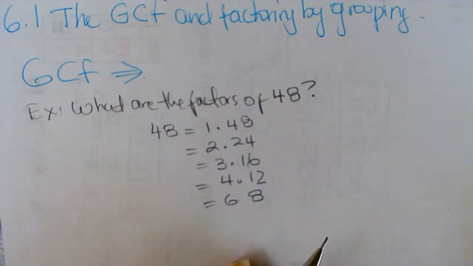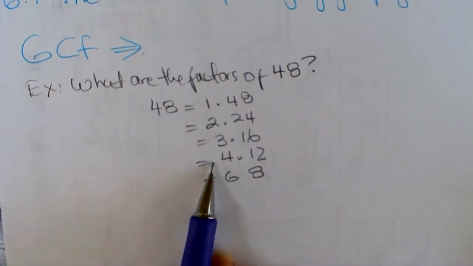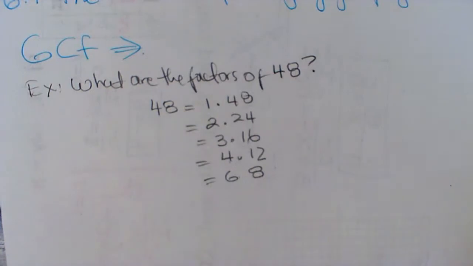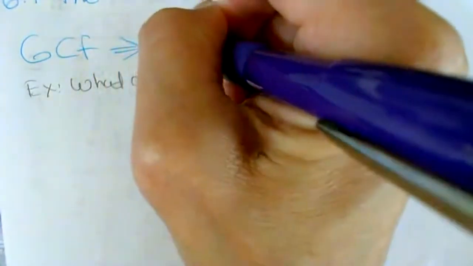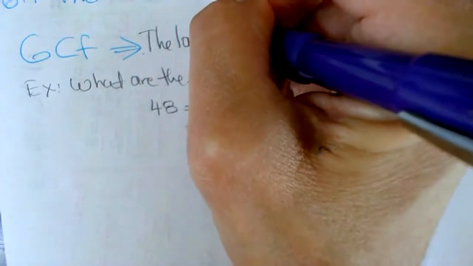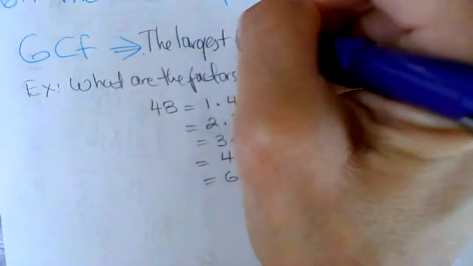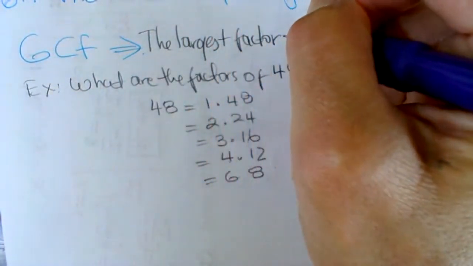But when we're going to be factoring, we're going to be looking at the greatest common factor. And the greatest common factor is just what it states. We will be looking at the largest factor all of the terms have in common.